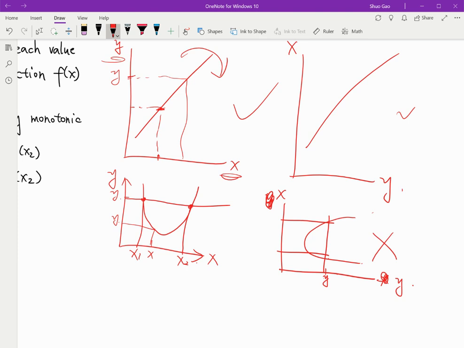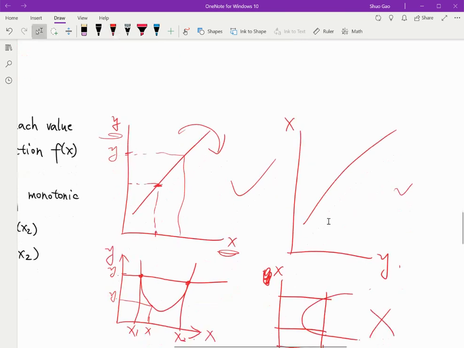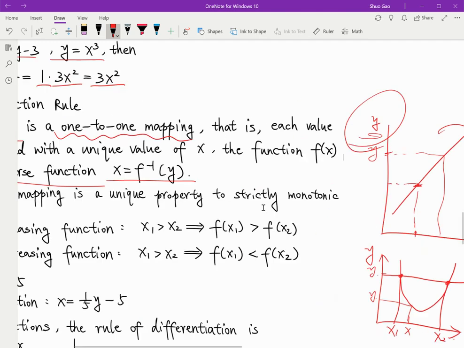That's why this kind of quadratic function doesn't have an inverse function: if you flip it, it's not a function anymore. But for a linear function like this, even if you flip this line, it's still a line. So this is called the inverse function. You write x as a function of y, whereas here you write y as a function of x.